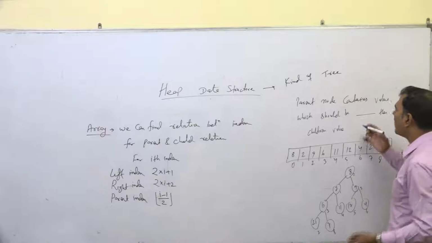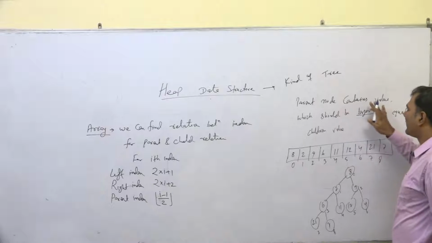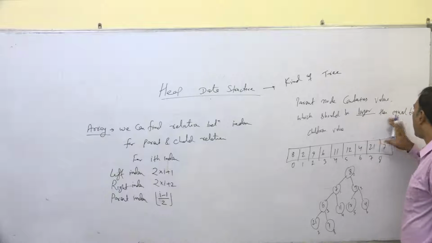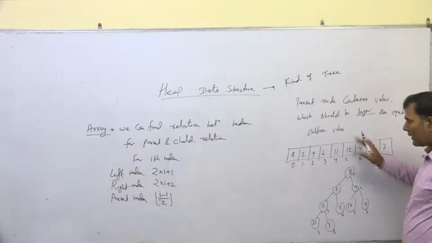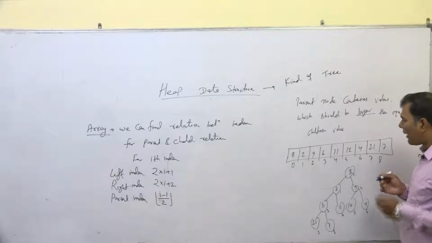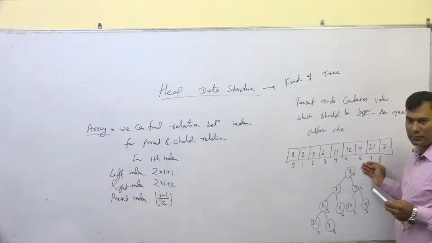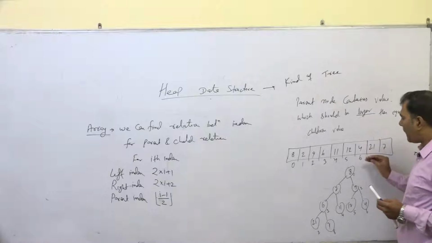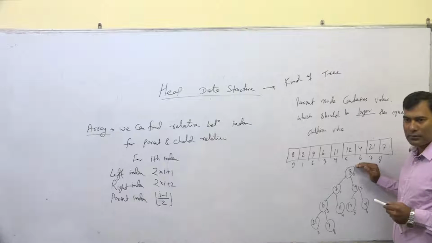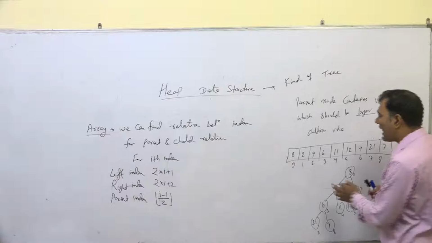So if you want to design it, the parent node should be larger. The parent node contains values which should be larger than or equal to children values. How can we design this? One method is to try to apply any sorting method. If we sort this array in descending order, then the largest value will be here.